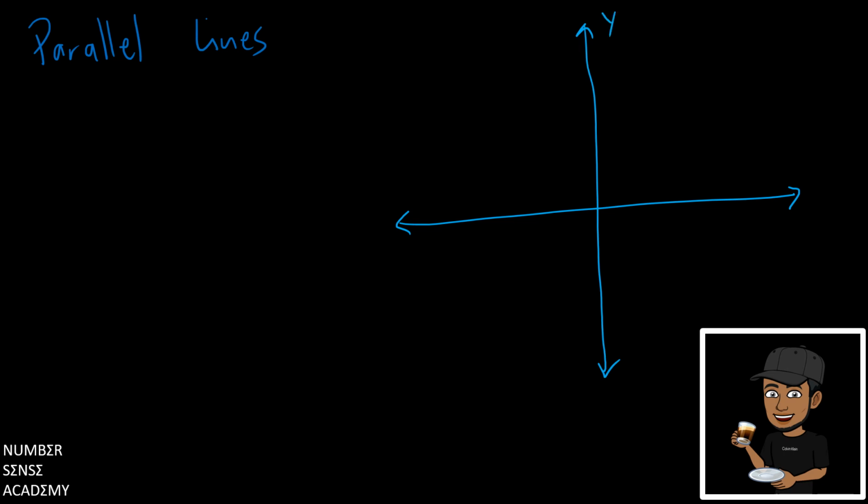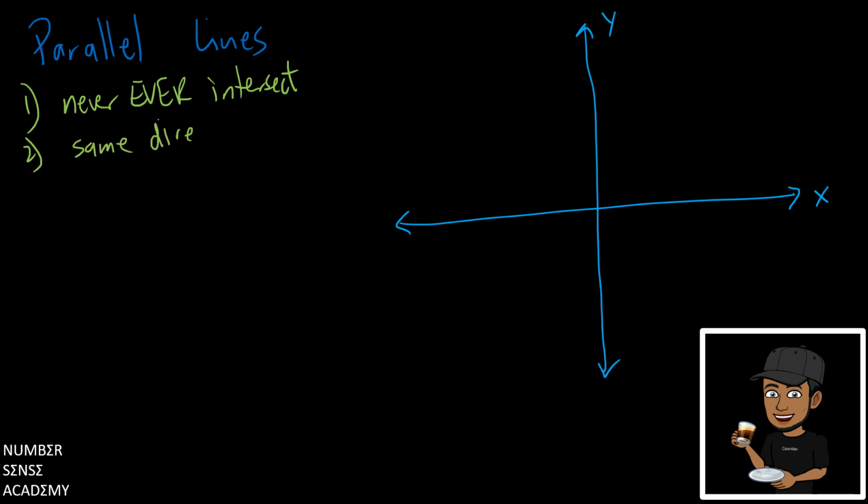I'm going to give you some properties of parallel lines. One, parallel lines never, ever intersect. Okay? They have the same direction, and they have the same slope.